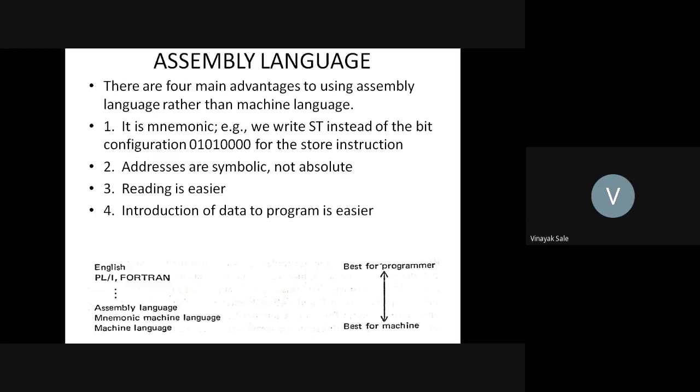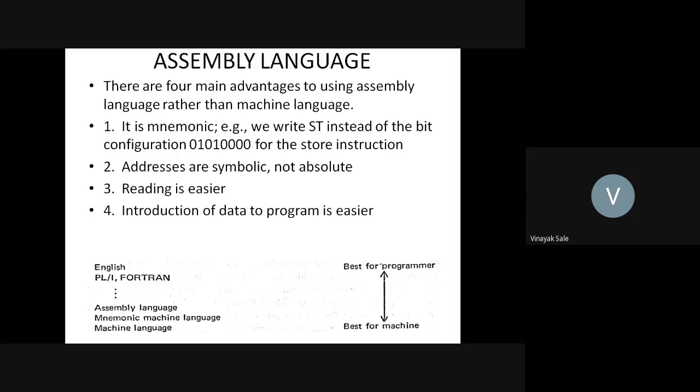Assembly language uses mnemonics, that is, we can write ST, that is store instruction, instead of a bit configuration. Then we can use addresses in symbolic format. Then it is easier for reading. Then introduction of data into the program is also easier.